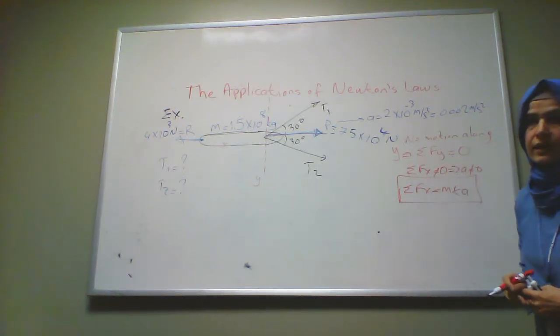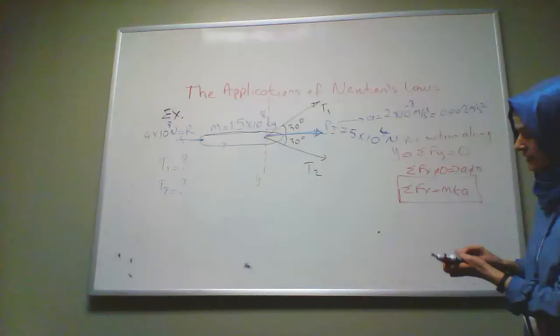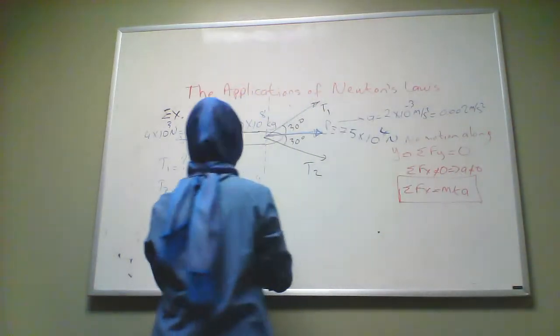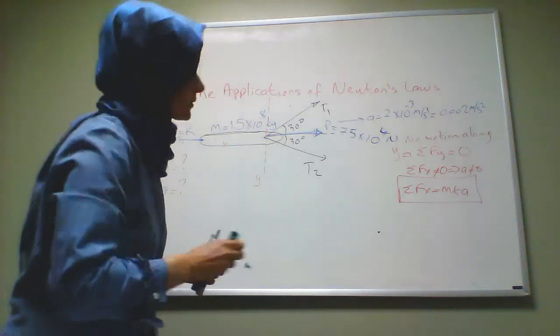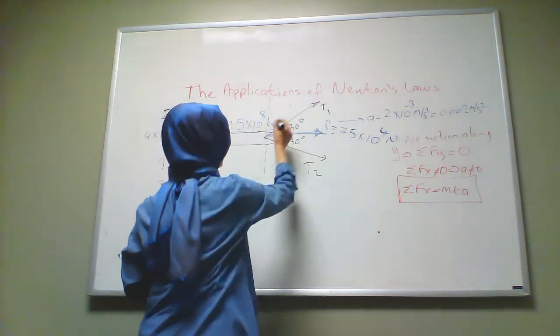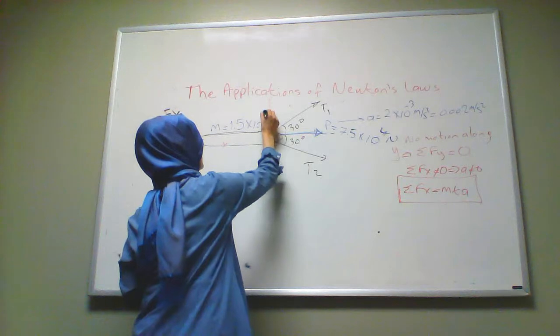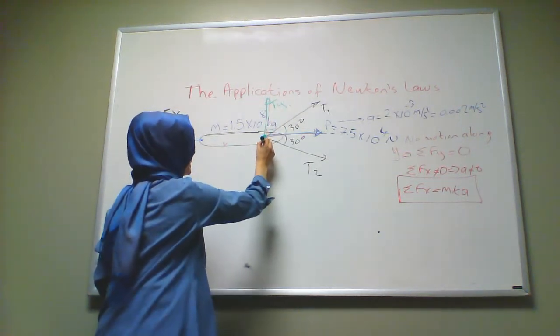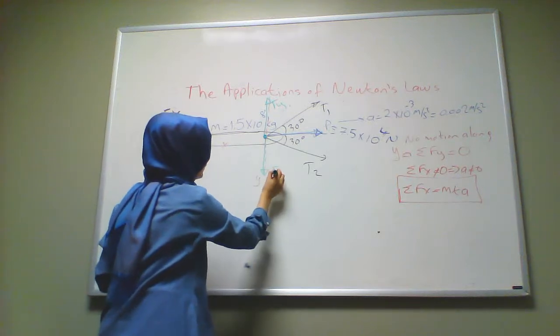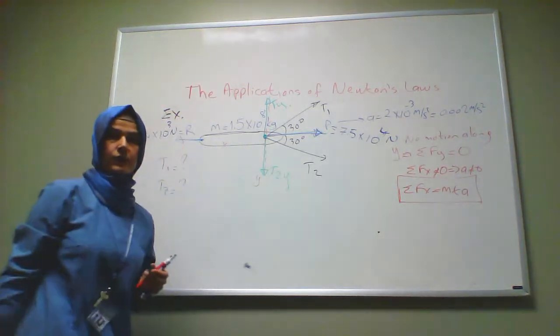Along y, total Fy is 0. Let me try blue in here, green is not really visible. T1 has a y component in the upward direction, T1y, and T2 has a y component in the downward direction.